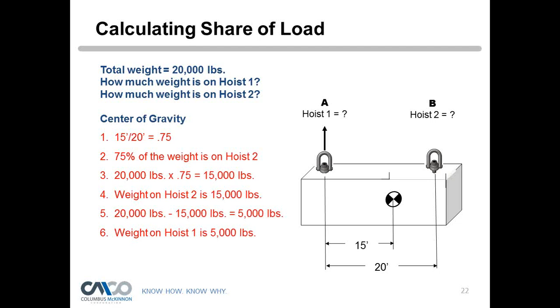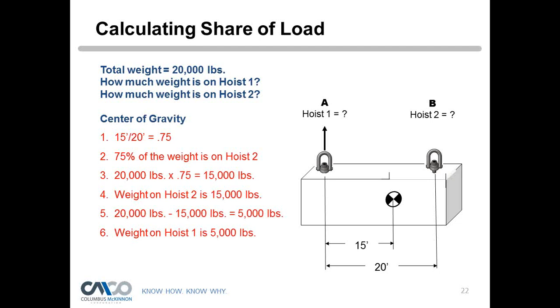Okay, once we know our share load, we have to figure out what our tensions are. There you can see our shackle and whatever we're connecting to that shackle, as I showed in the previous picture, or hook. We can calculate what our tensions are, and there is what's called a load angle factor. This is taken from the CM Rigging Pocket Guide.